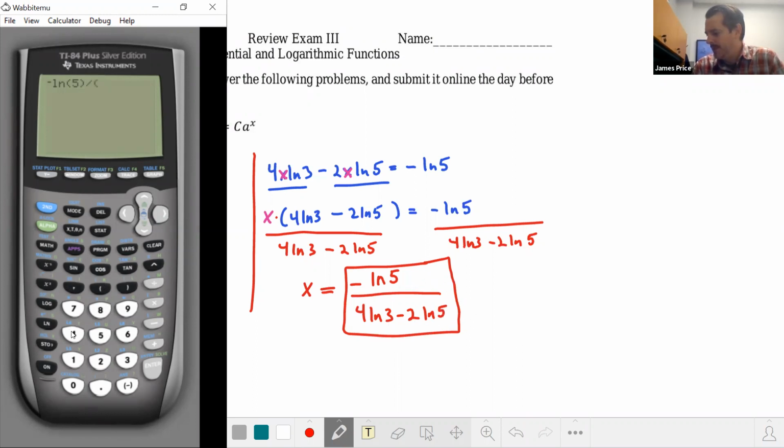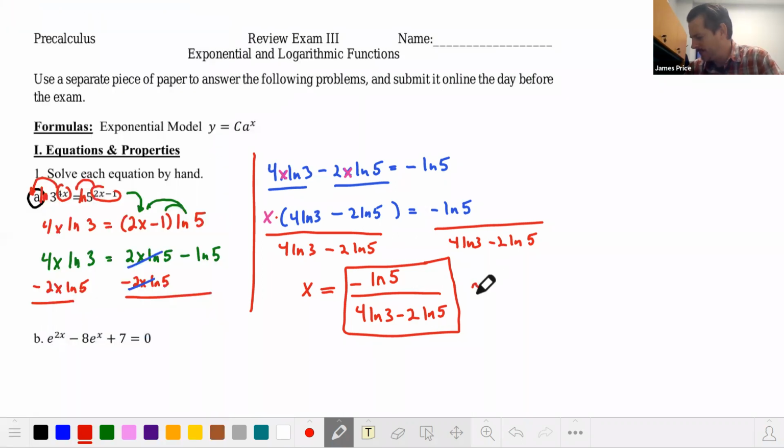So left parenthesis, 4 ln of 3 in parentheses, minus 2 ln of 5 in parentheses, and then parentheses for that denominator, and then hit enter, and it'll spit out our answer. And so to 2 decimal places, this would be approximately negative 1.37.